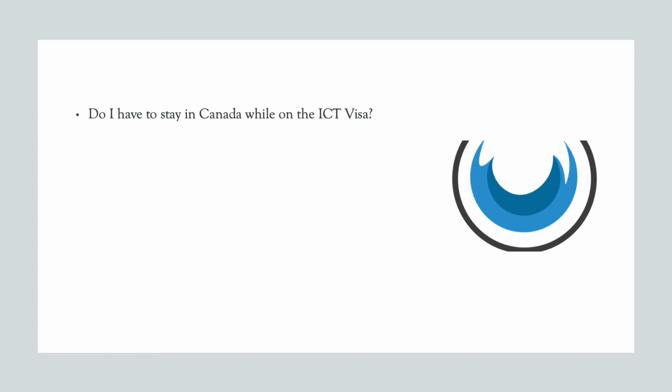So it is only allowed for the first 7 years for executives and the first 5 years for specialized knowledge workers. And another thing you have to remember is any time spent outside of Canada under 30 days will not be considered for recapture. So if you want to really recapture time at the end of your 5 and 7 year period, you will have to have worked outside of Canada for over 30 days.